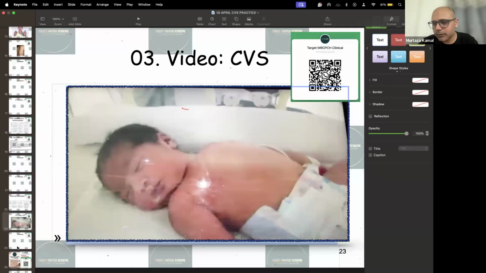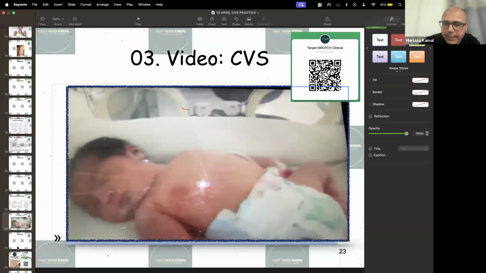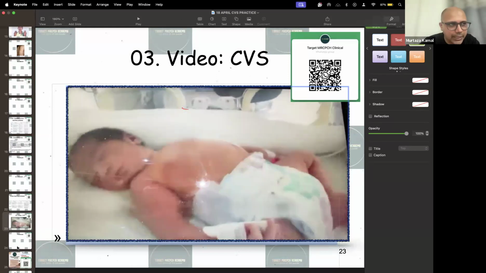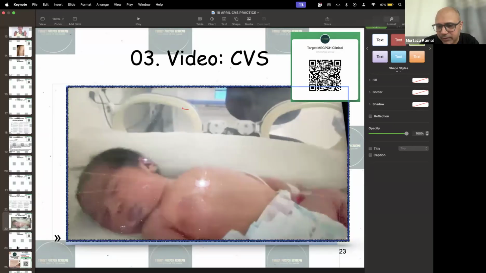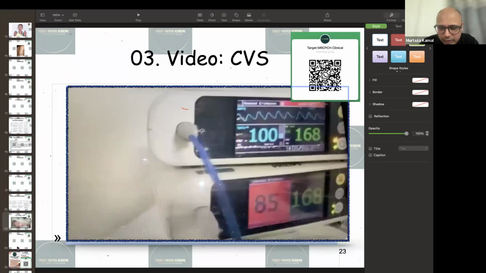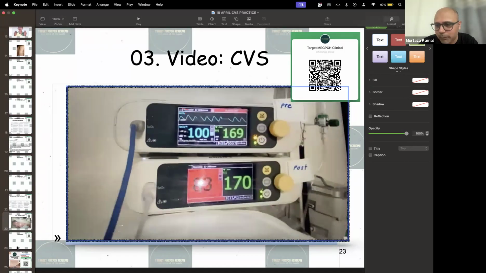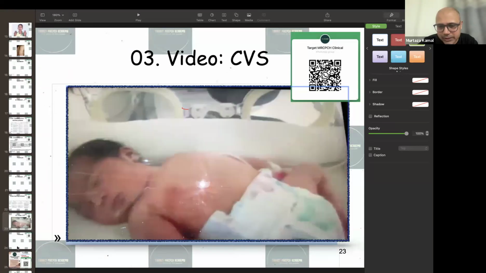No. See, understand the concept, don't learn by rote. Why do we take the upper limb and the lower limb saturation? The basic concept is that when the arch of the aorta comes off, the first branch is the brachiocephalic trunk, which divides into the right subclavian and the right common carotid. This right subclavian is the first branch given off, so the blood which goes into it from the brachiocephalic will be oxygenated.